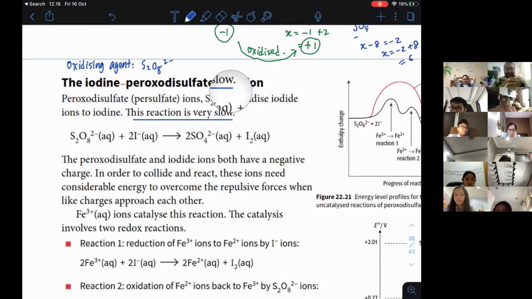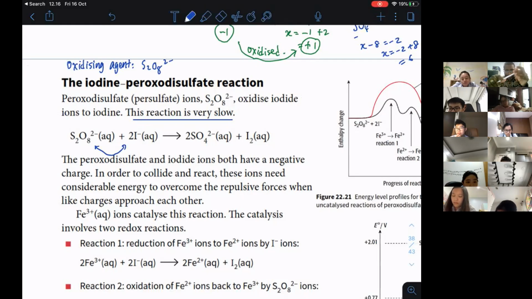Is there any particular reason? Can you see the charges? Can you compare the reactant charges? What are the charges for the persulfate and iodide? -2 and -1. Yeah, both of them are negative charges.